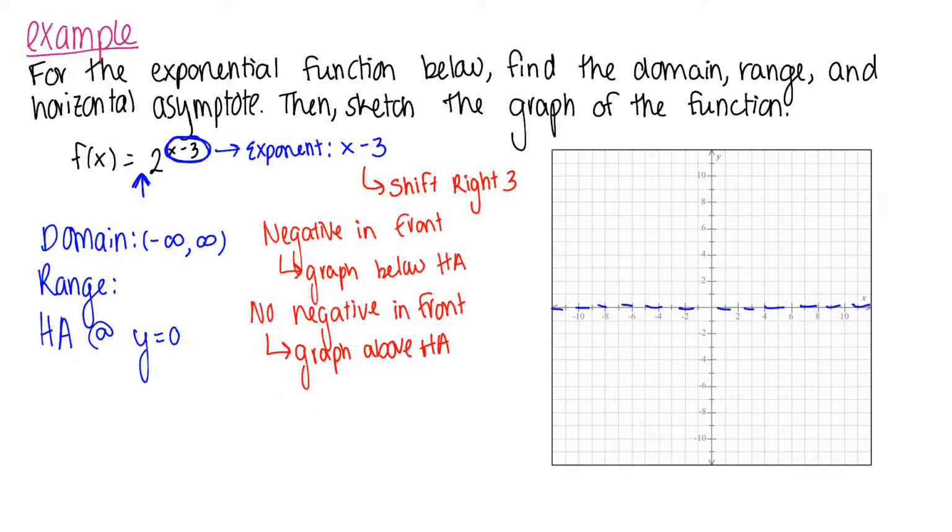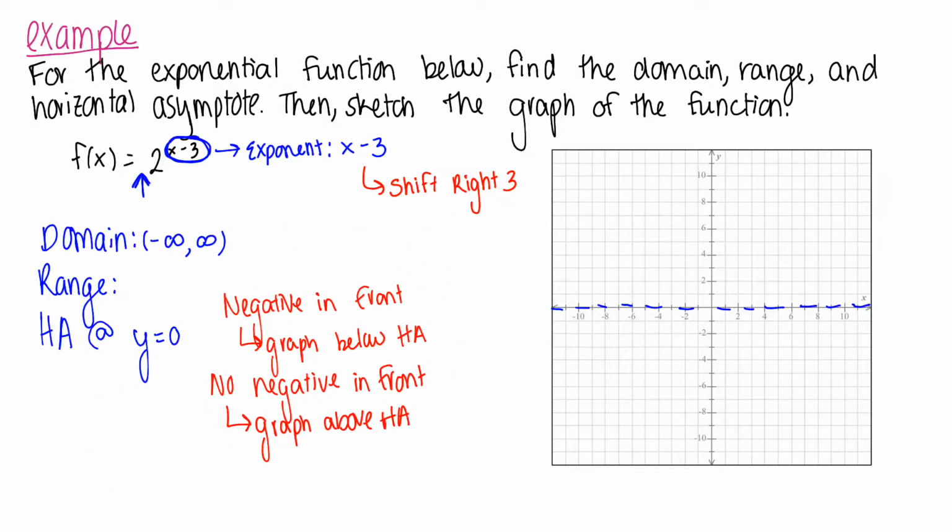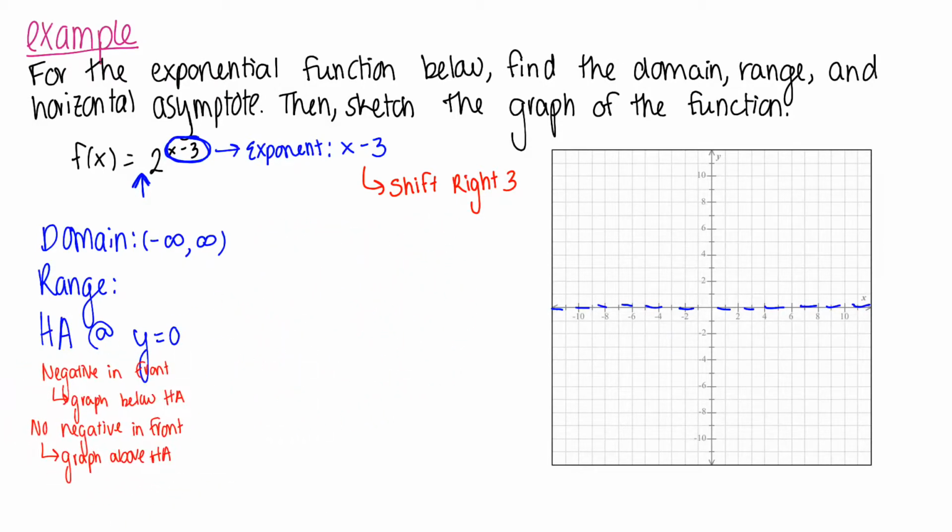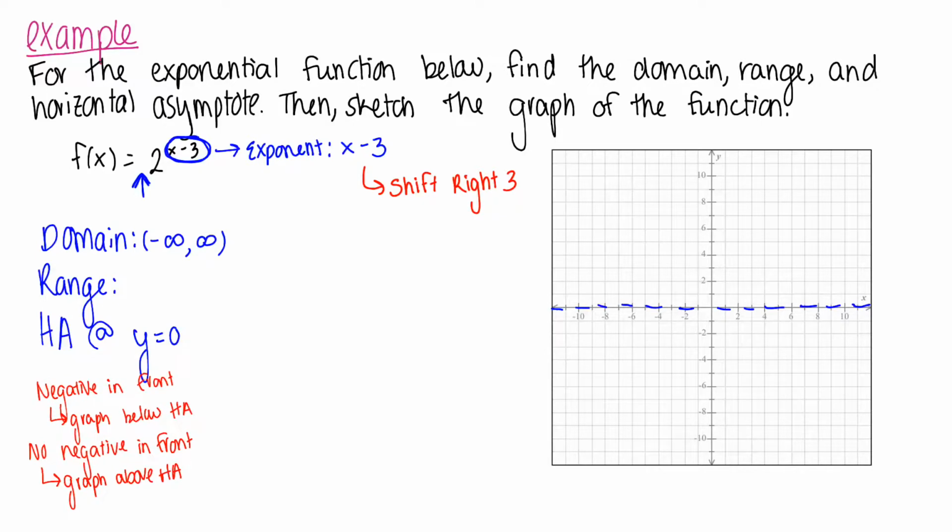So let me shrink this, move that down there so it's out of my way. So we are going to be above. Now we have to shift to the right.